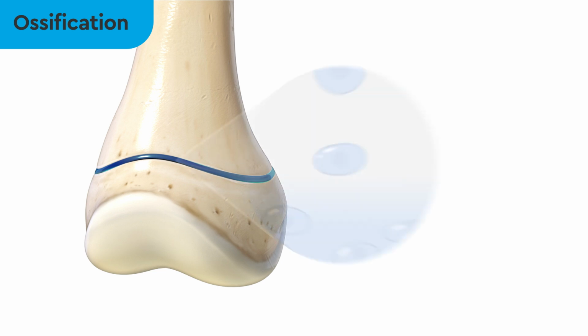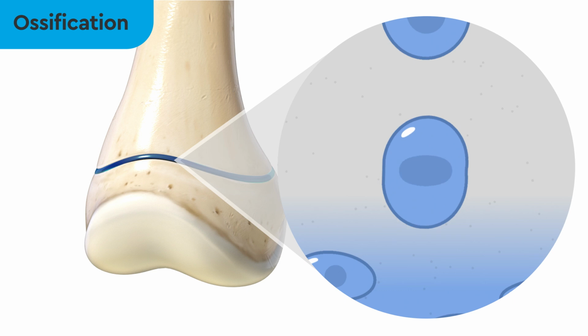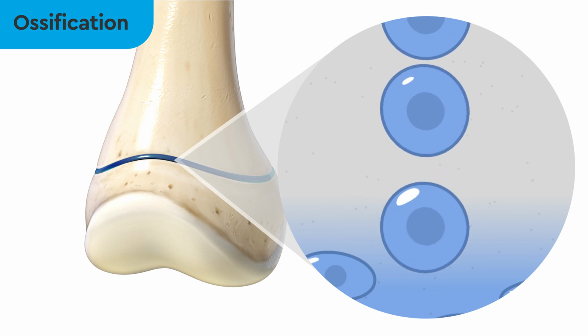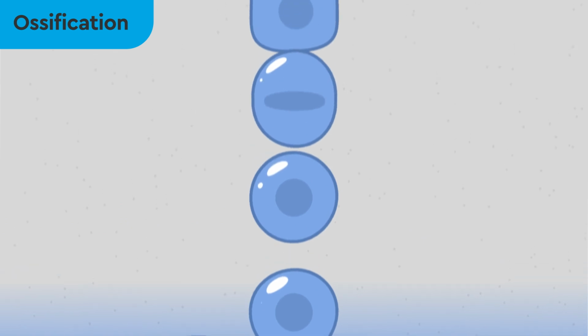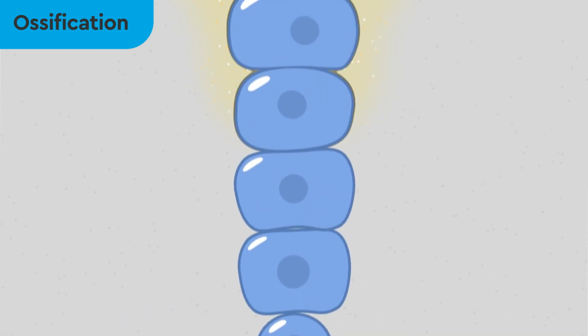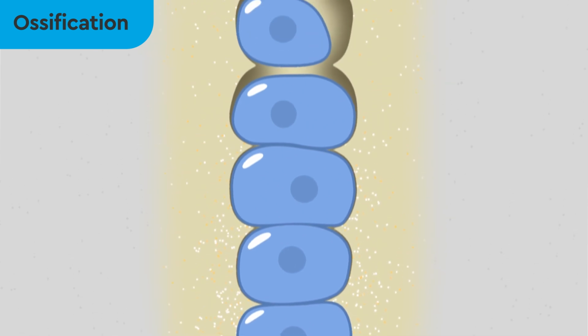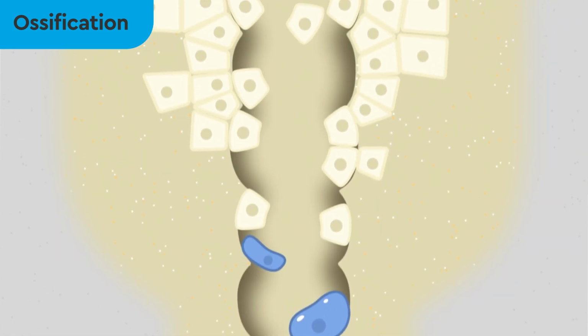Ossification begins when cartilage cells start to divide. As more cells divide, they push a stack of cells outward. The cells grow larger and create a hard structure around them, making small pockets for new bone cells to grow in their place.